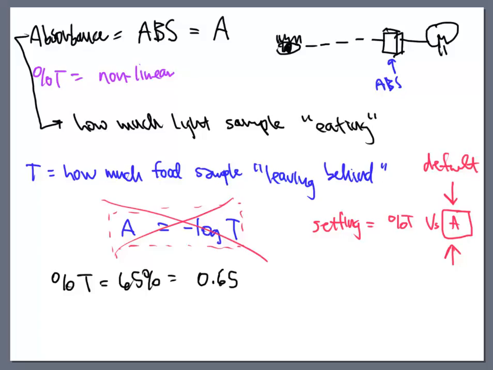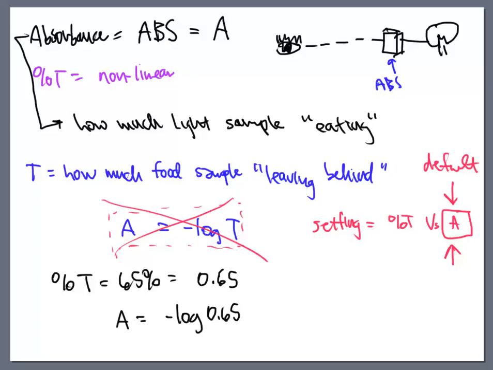Divide by 100, right? So 65 divided by 100, 0.65. It's the 0.65 that gets used in this equation. So the absorbance value here will be the negative log of 0.65.